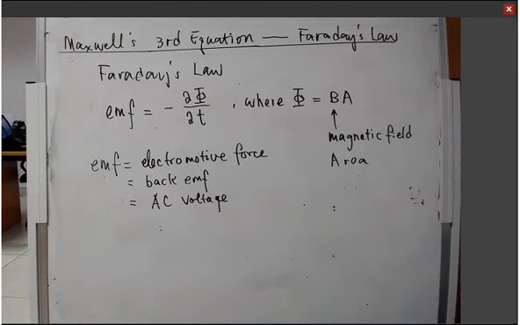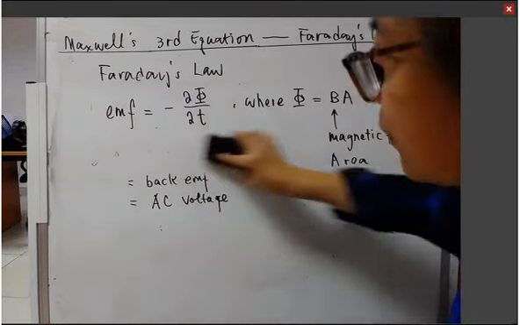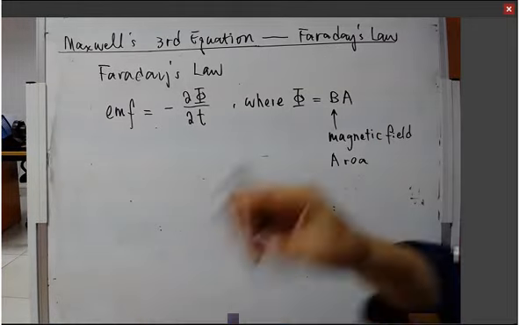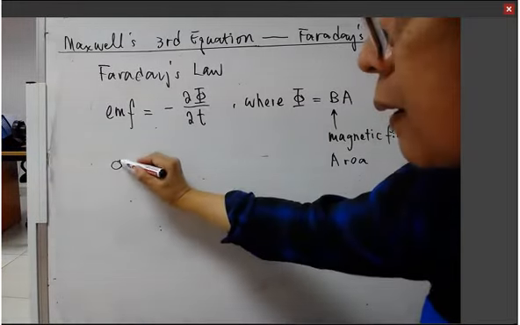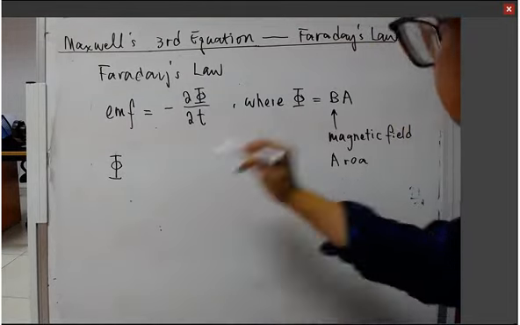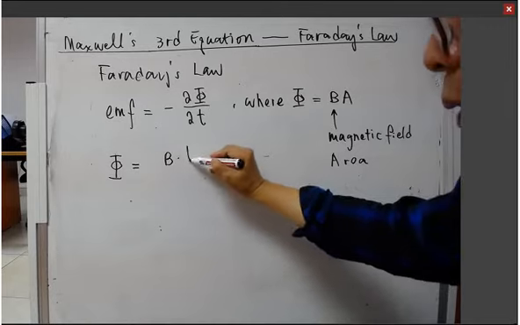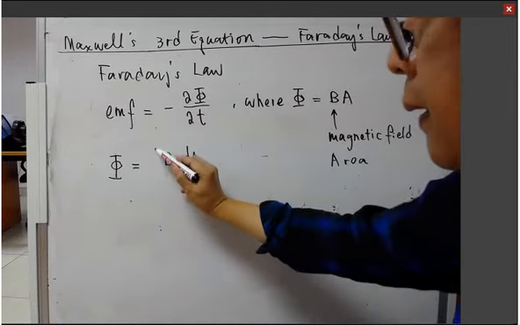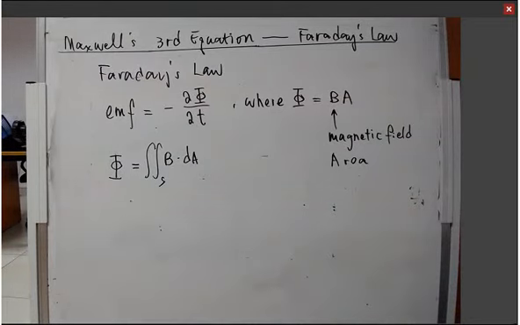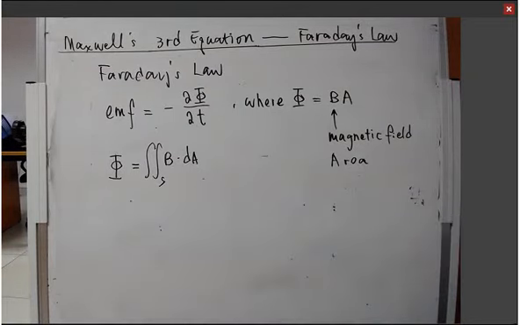In fact, the B field is always not constant. So the magnetic flux will be given by the integral of B, which is not constant, times the area element dA. So this is the right formula, the new formula for the magnetic flux.